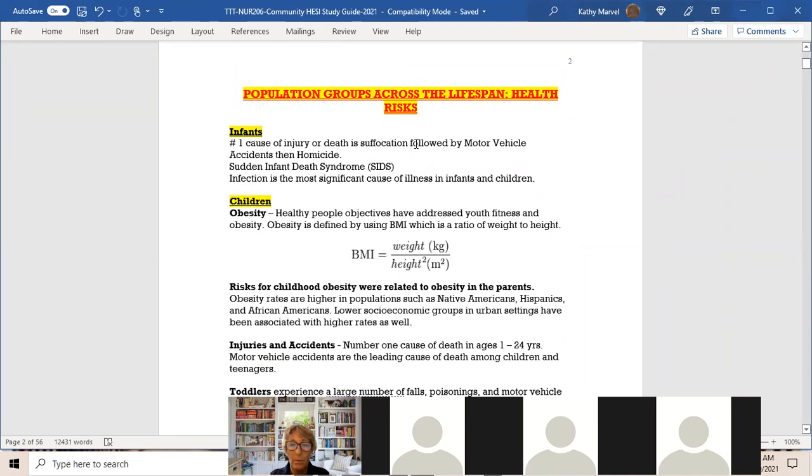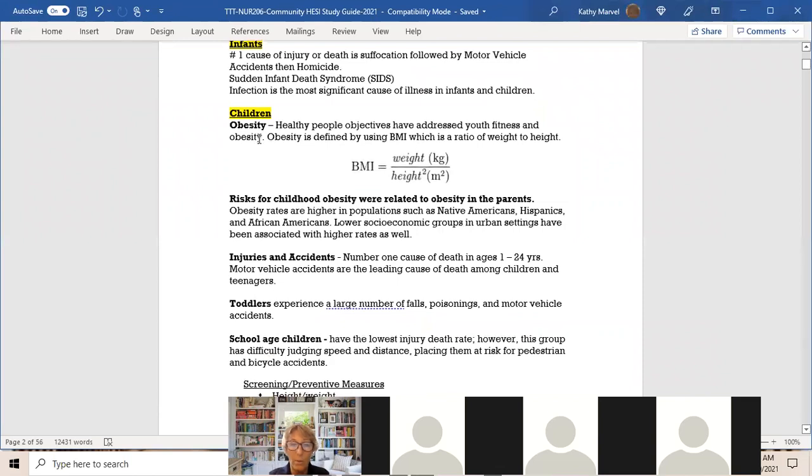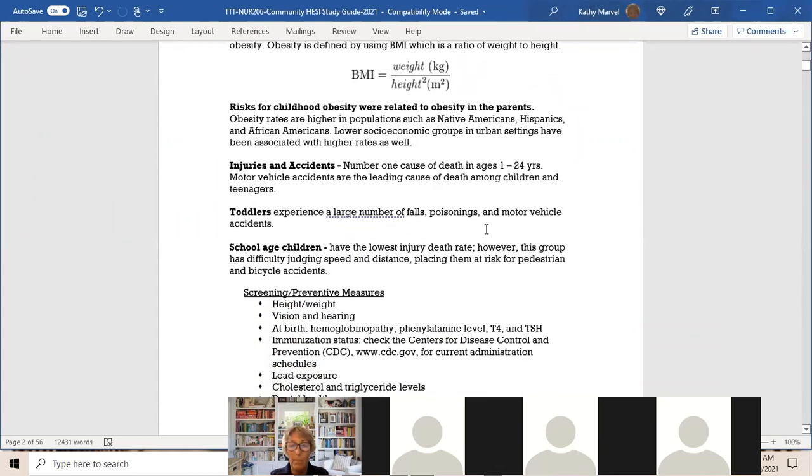And you go into children, what are issues with kids? Well, obesity is one. Injury and accidents are one. So you might get a question that says, what's the number one cause of death in ages 1 through 24? Motor vehicle accidents. Toddlers, what are the risks for toddlers? Falls, poisonings. So that's the way I want you to think backwards. Now I have the topic. What might I be asked?